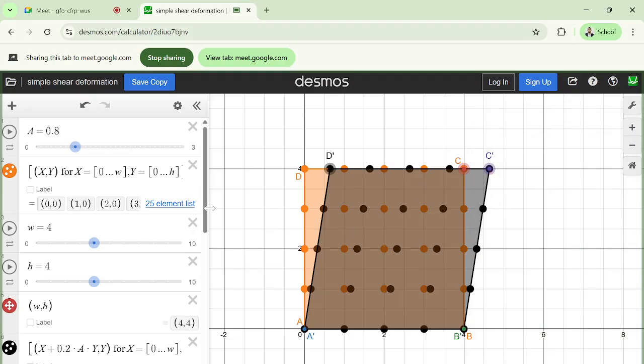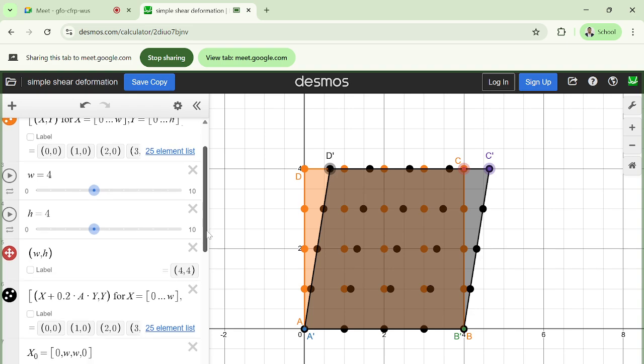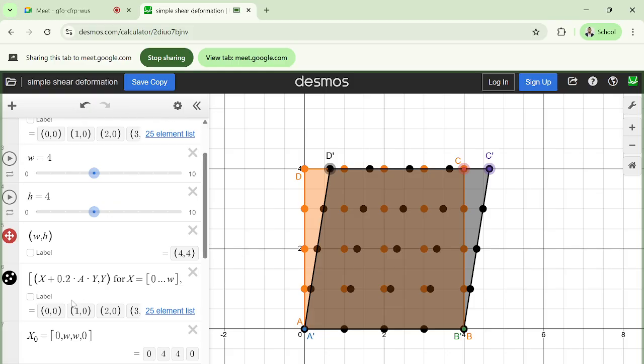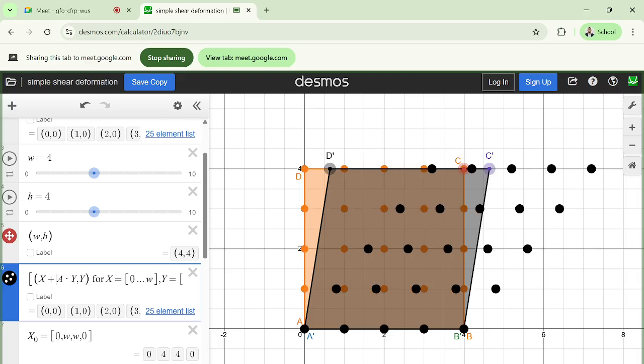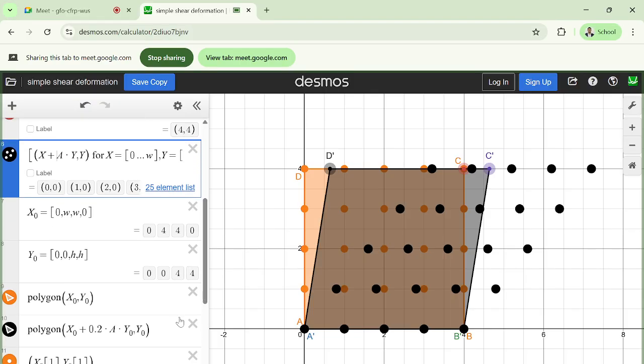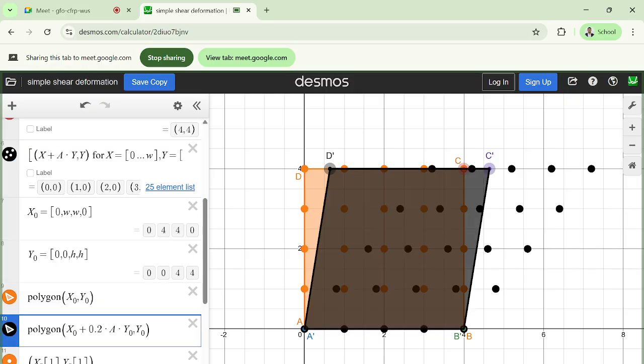So here, let's take small x equal to capital X plus aY, and small y is capital Y, as I have given in the question.